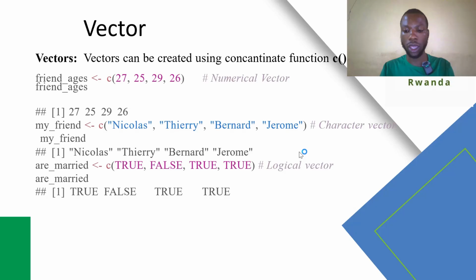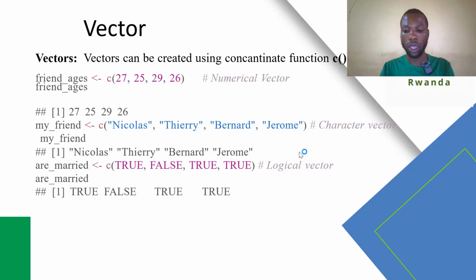If you know more, it will be good, but we are focusing on these because they are the most popular. So as I said, when we are trying to formulate the vector in our programming, most of the time we normally use the concatenate function to assign the values to the object.